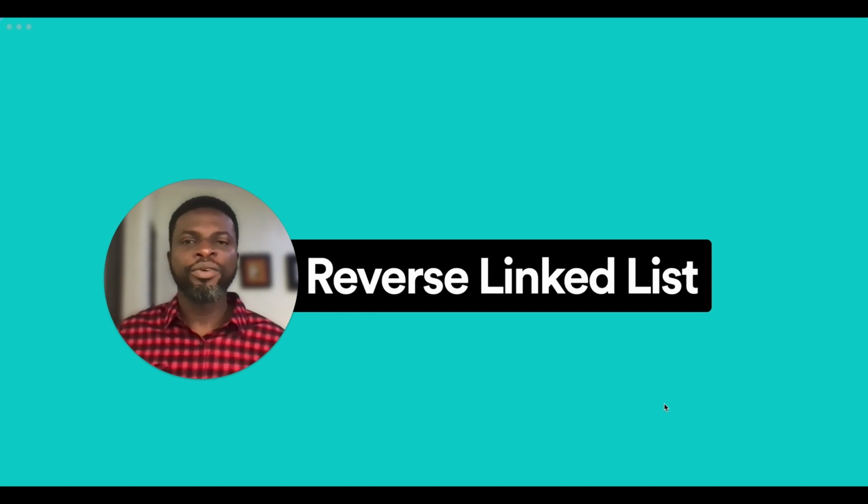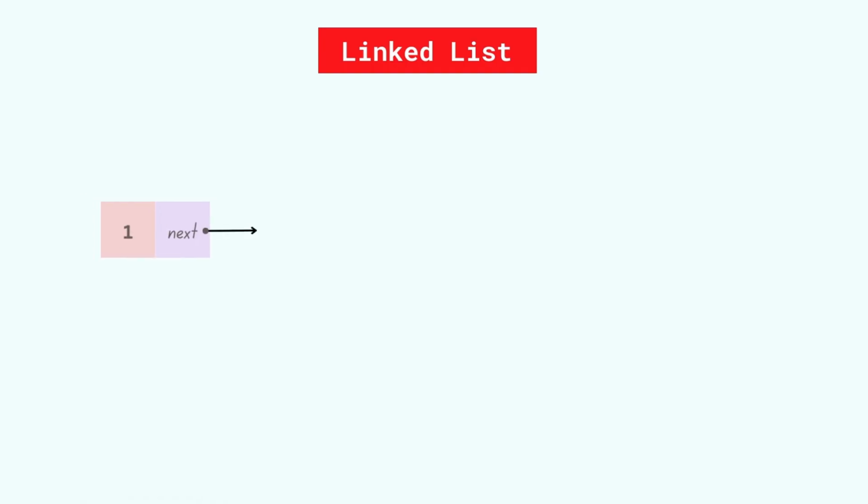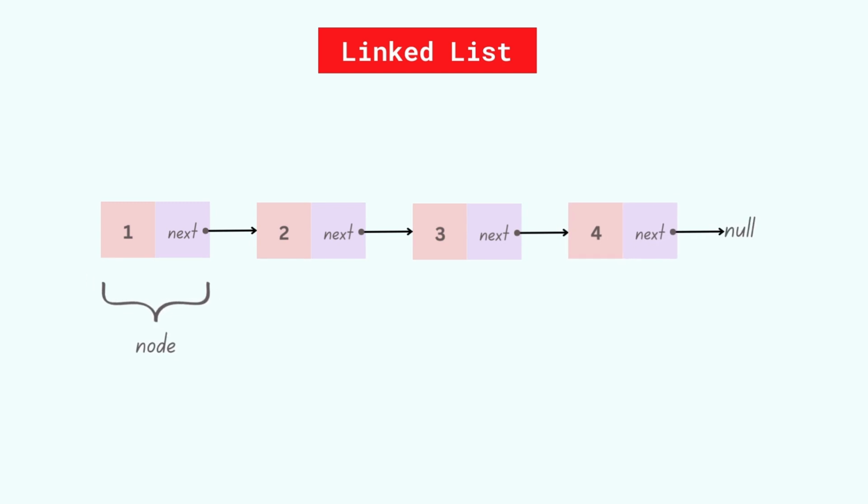Before diving into reversing a linked list, I would like to give a brief review of what a linked list is. A linked list is a data structure that consists of a sequence of nodes. What is a node? A node is a store of data. A node stores two important pieces of information: the data it stores and a link or a reference to the next node in the sequence.